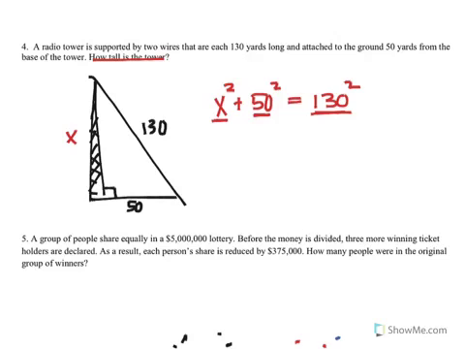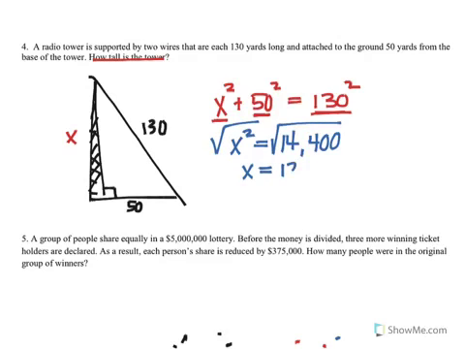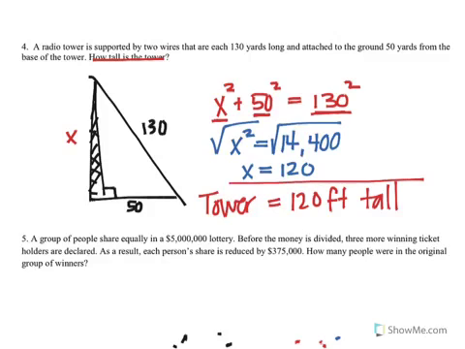You get x squared is equal to 14,400, and therefore x is equal to 120. So again, writing this as a sentence, the tower is 120 feet tall.